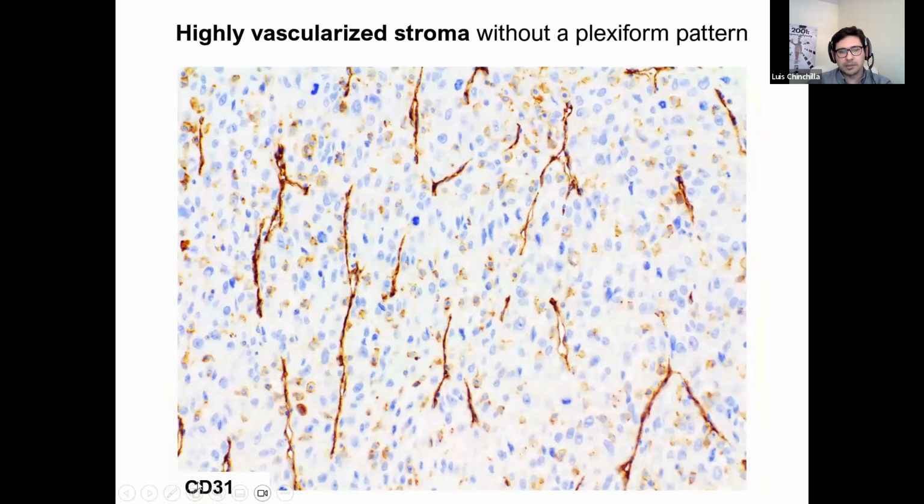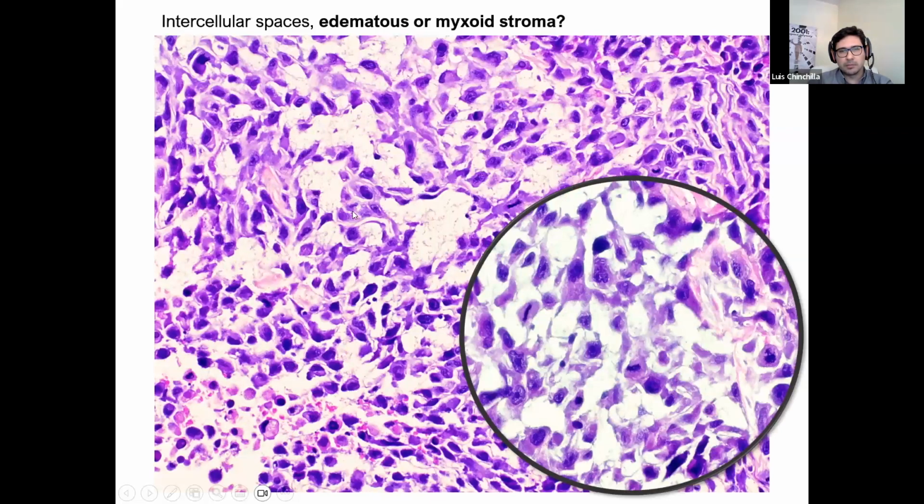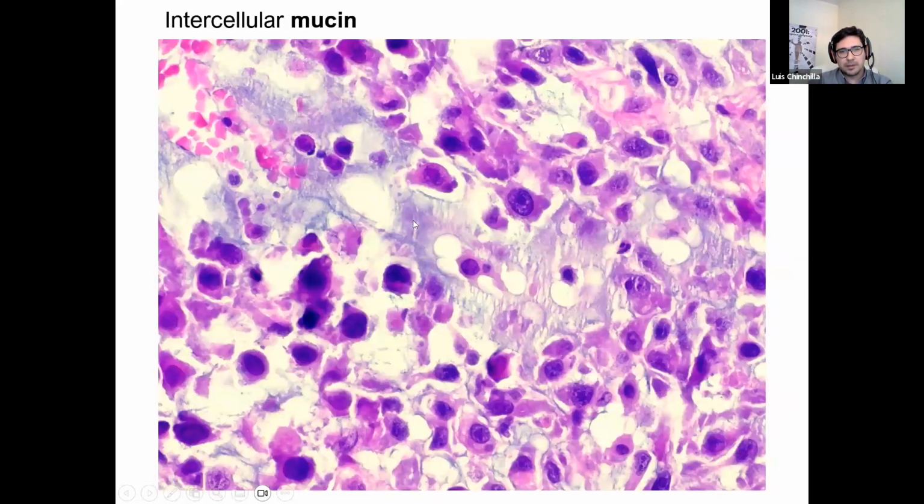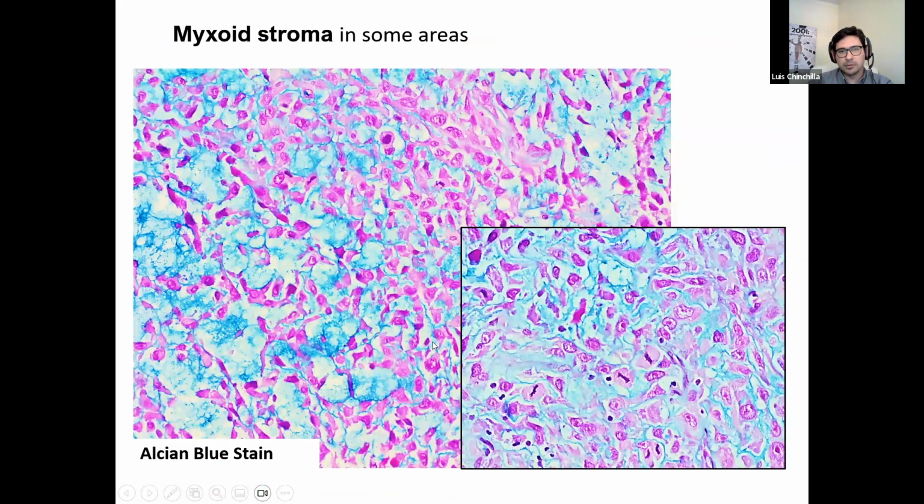This is a CD31 immuno, and in some areas, intercellular clear spaces were observed, and I interpreted this as edematous or myxoid stroma, maybe. But here you can see a kind of blue-gray intercellular material that was positive with Alcian blue staining. And I thought that there was a myxoid stroma in some areas.